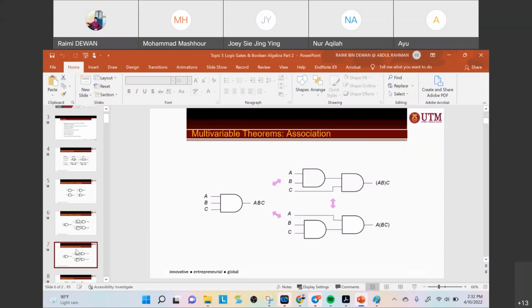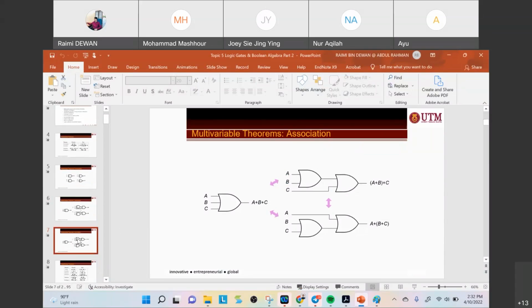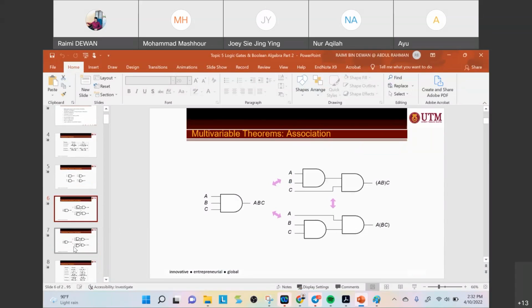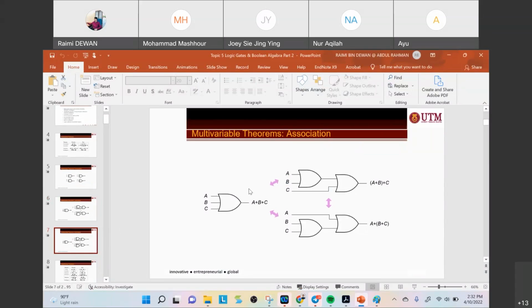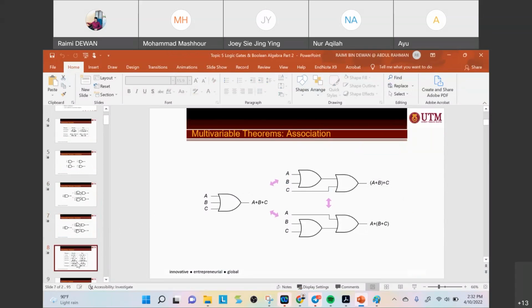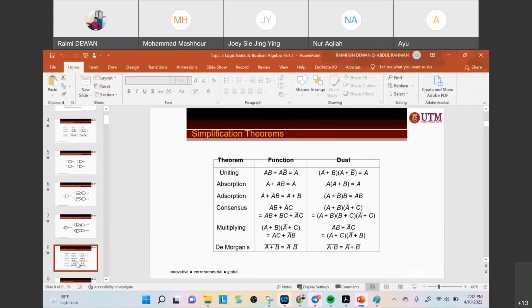So association is the same. This one is for the AND gate and this one is for the OR gate. Whether A plus B plus C is the same as A plus, in bracket, B plus C. So it's the same. So this is association.